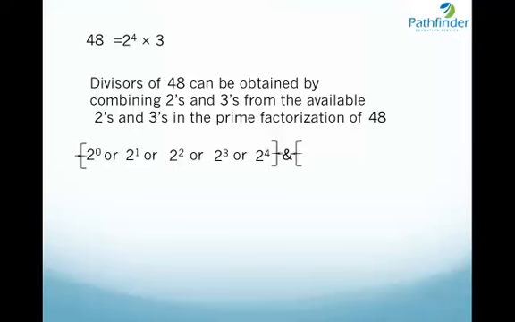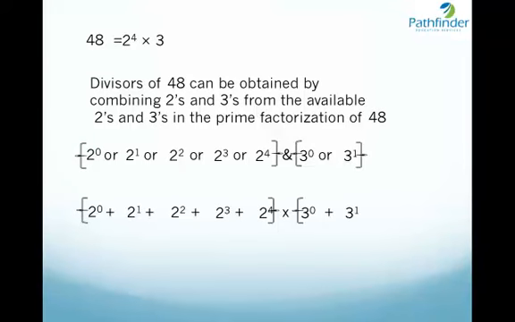So we select either 0 3's or we select 1 3. And on replacing the OR by an addition sign and the AND by the multiplication sign, we get the following expression: 2 to the power 0 plus 2 to the power 1 plus 2 to the power 2 plus 2 to the power 3 plus 2 to the power 4, into 3 to the power 0 plus 3 to the power 1.